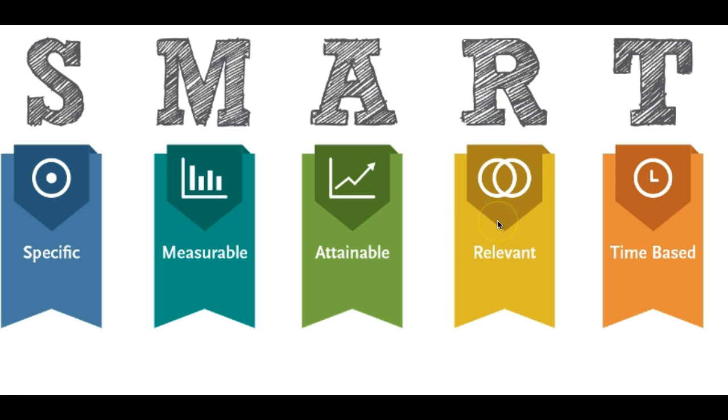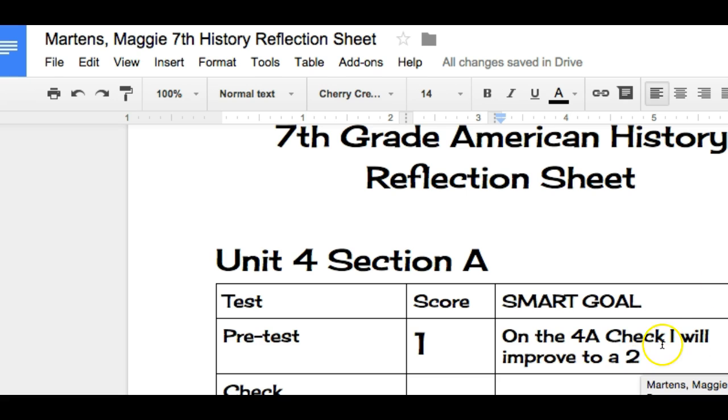Relevant. You obviously are going to make a relevant goal, meaning it relates to what we're talking about. You're not going to say, I'm going to buy the chapter 5 test. We're not doing anything involving that. And time-based. So in your reflection sheet, it technically is time-based because the time is when you take the 4A check.